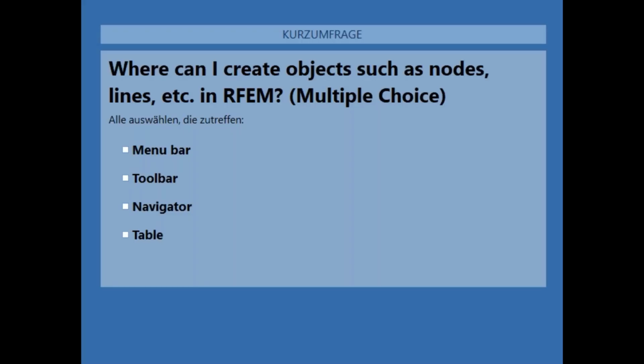So my question is, do you remember or do you know where I can create objects such as nodes, lines, and so on that we have used for the last examples? In this case, you have the option to select multiple answers. So it would be nice if you tell me what you understood from my explanations.